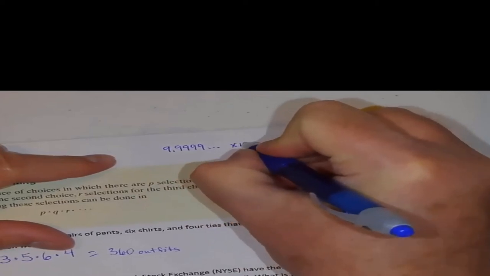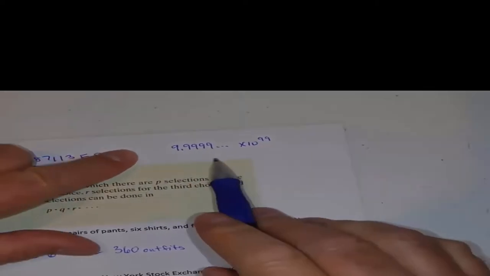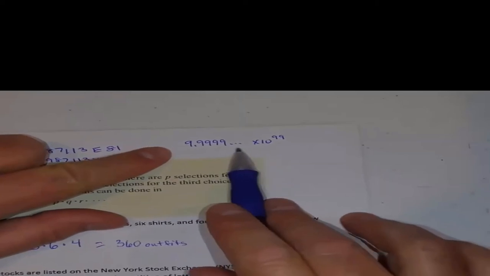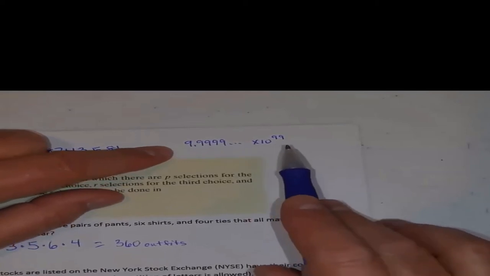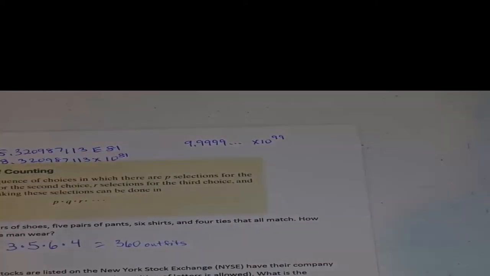In fact, the calculator can handle numbers up to 9.9999 repeating times 10 to the 99th power. Now picture that number. 9.9999999 keeps repeating times 10 to the 99th. That would be a number that consists of 100 nines.